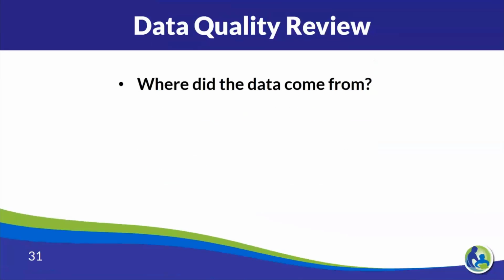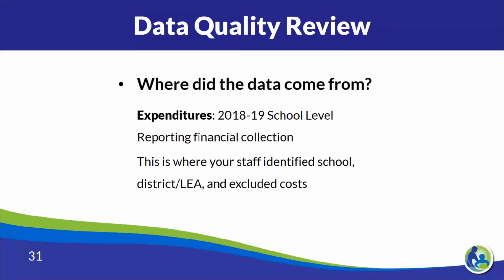The question we often get asked is, where did the data come from? Well, the expenditures were reported by your business offices through the school level reporting collection. That's how dollars were broken down between schools, districts, federal, state, local, and the exclusions. Those were all total dollar amounts that got reconciled against your existing district level financial reports.